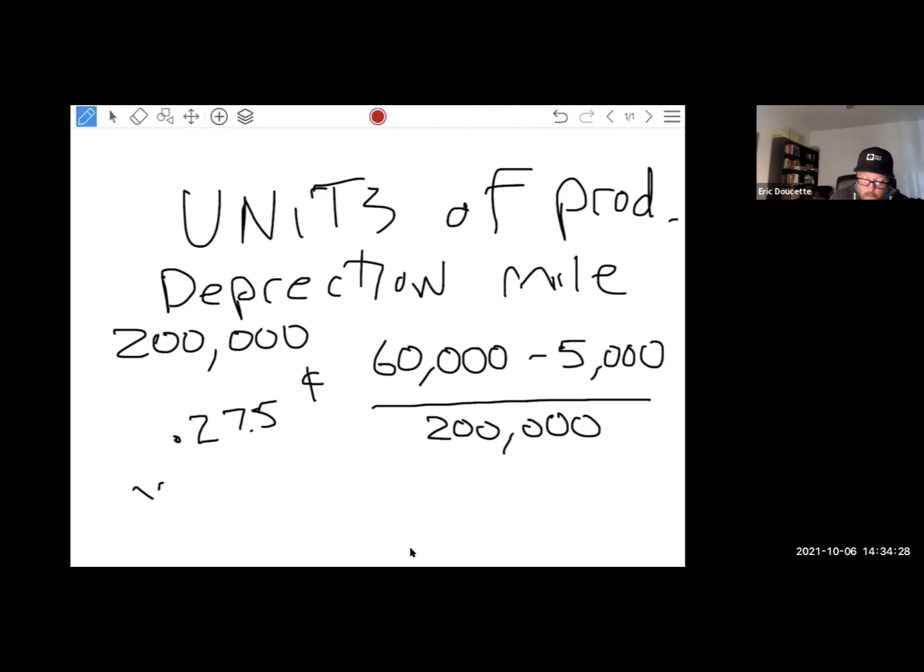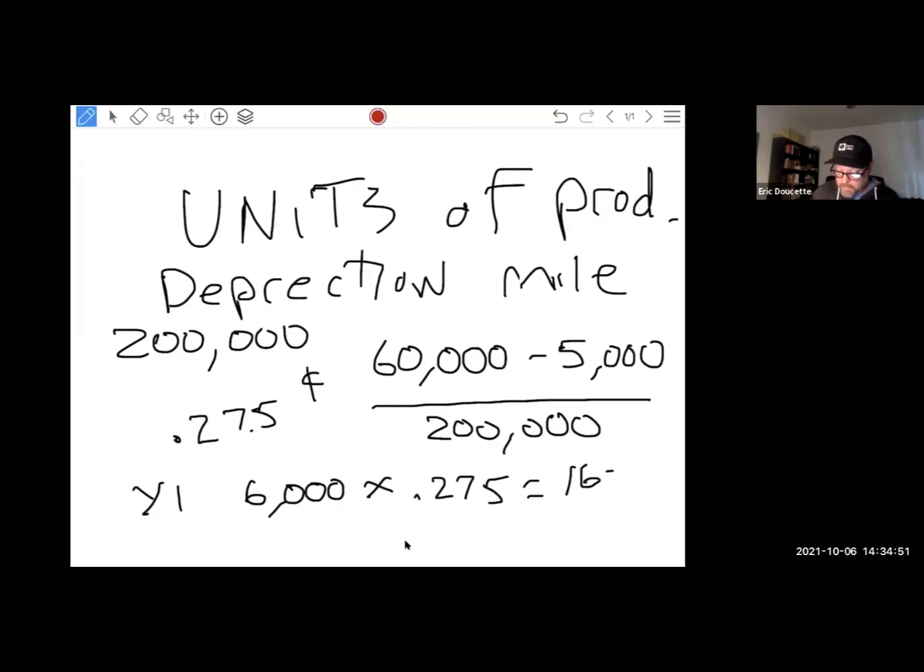So if in year one I drove the truck 6,000 miles, I'm going to multiply that by 0.275, and that's going to tell me how much to depreciate it at the end of year one. So 6,000 times 0.275 equals 1,650 for year one.